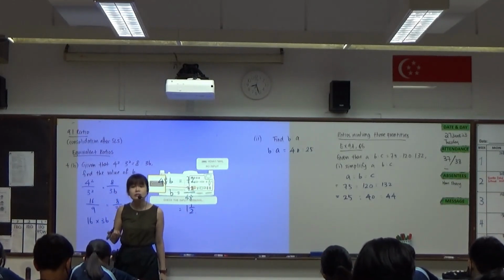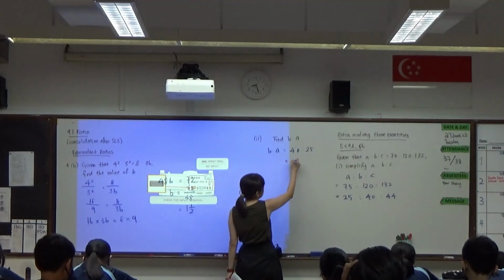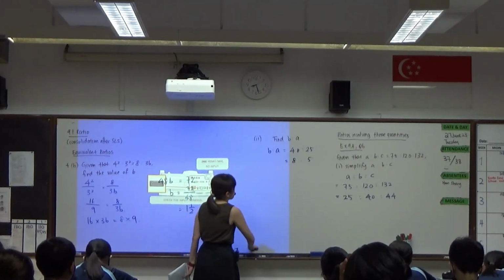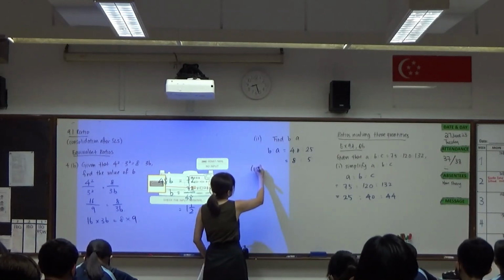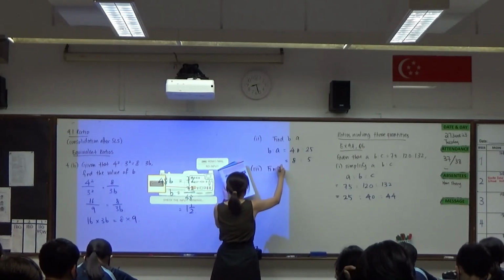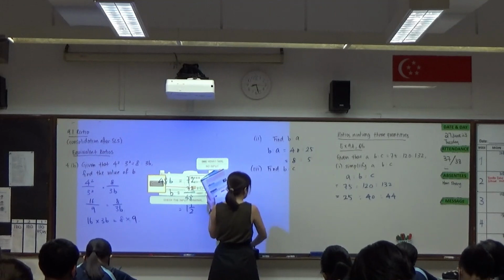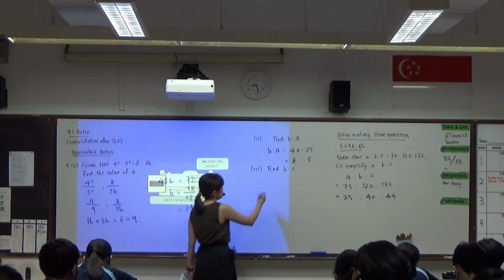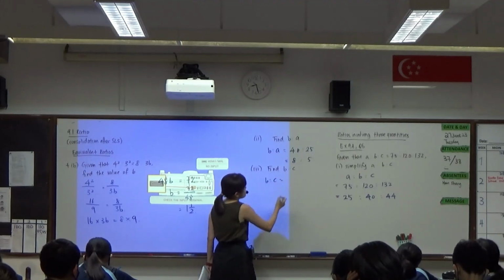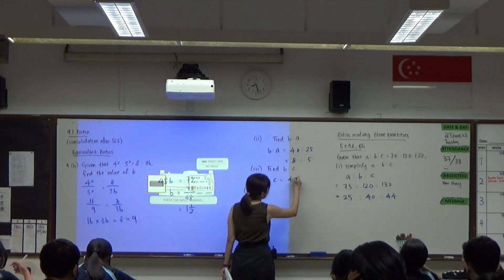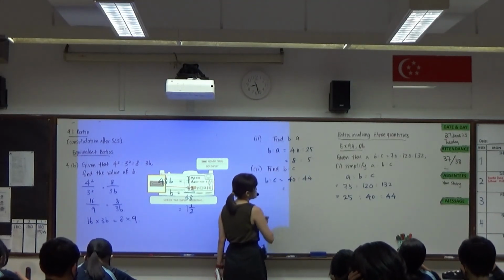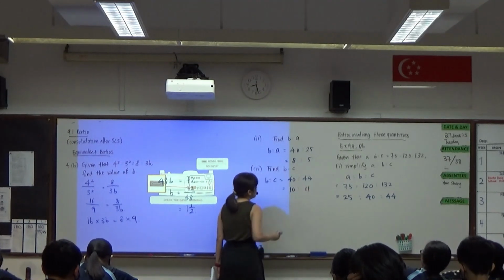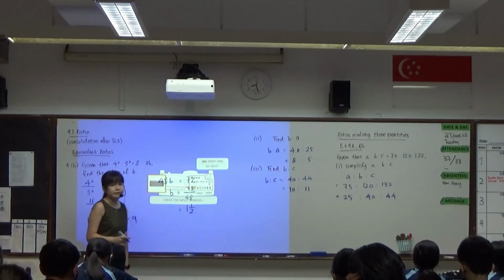No, right? So we need to simplify it further by dividing by 5. And we'll get 8 is to 5. And then in part 3, we want to find out what is B is to C. So using that, we will have 40 is to 44, and we can consider dividing by 4 first. Okay, and we get 10 is to 11.